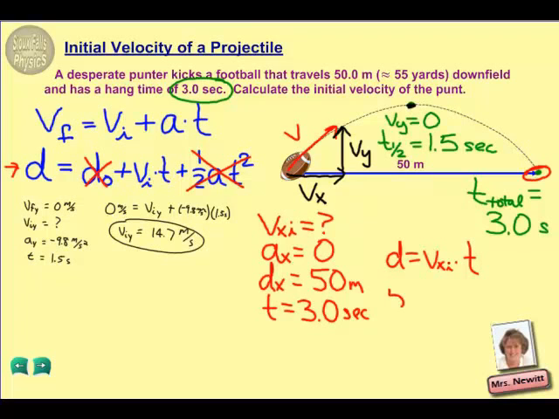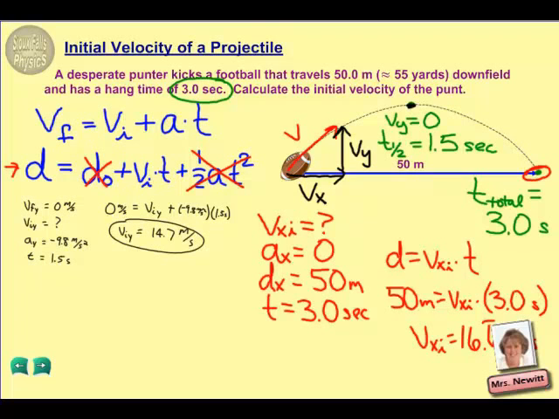So we have 50 meters as our distance, unknown velocity, multiplied times 3 seconds, and then we can finish up the algebra, and we get an initial velocity of 16.6 repeating meters per second. So if we take a look, we now have values to plug in to our diagram that's listed above.